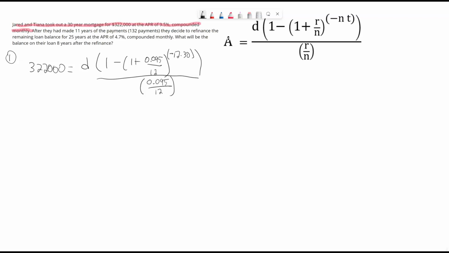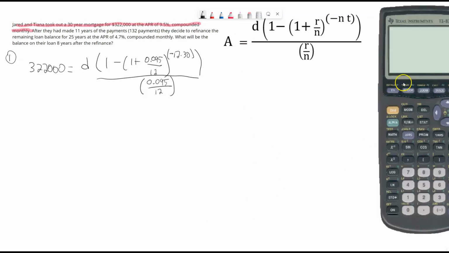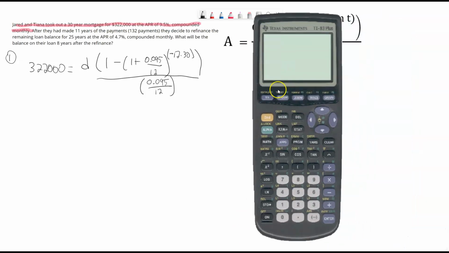Okay. Now we go to our calculator. What we'll be able to do is determine the monthly payment from this. And so this is our initial 30-year loan monthly payment. I'm going to work on the right side, everything besides the D. Because I have this formula, other books have an alternative formula.